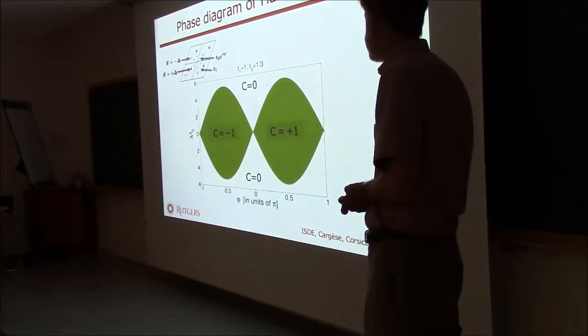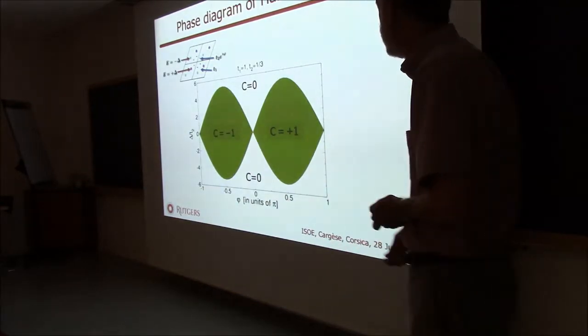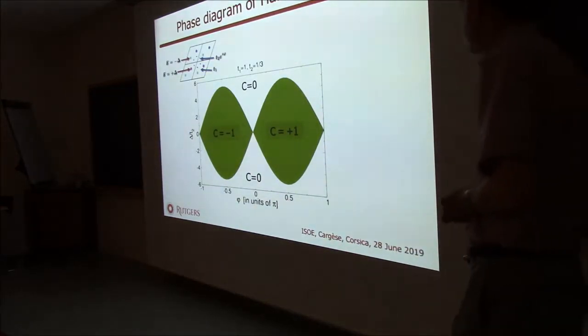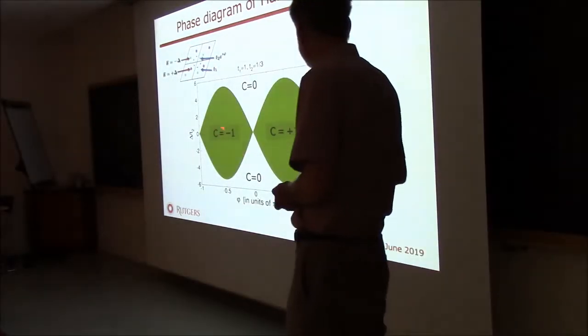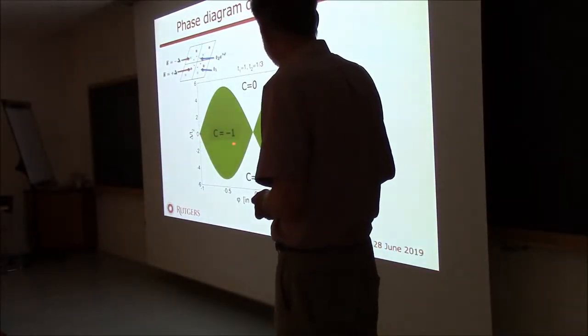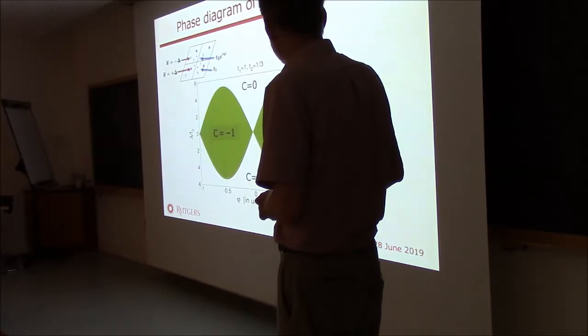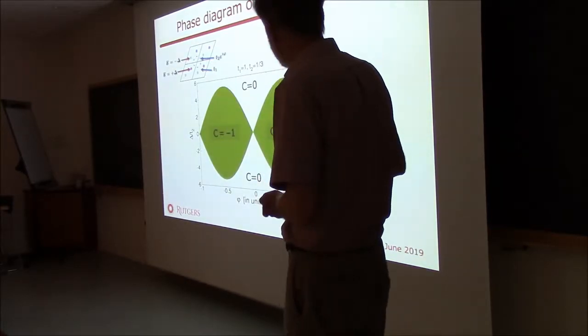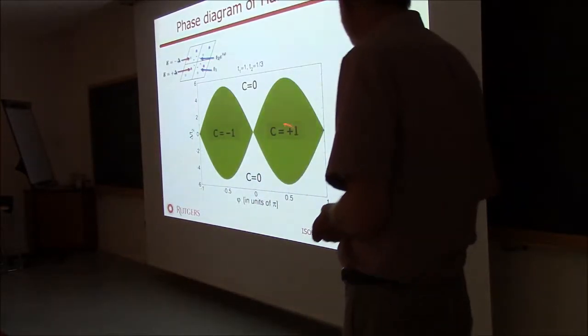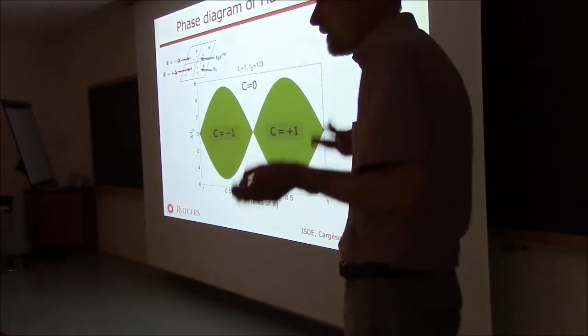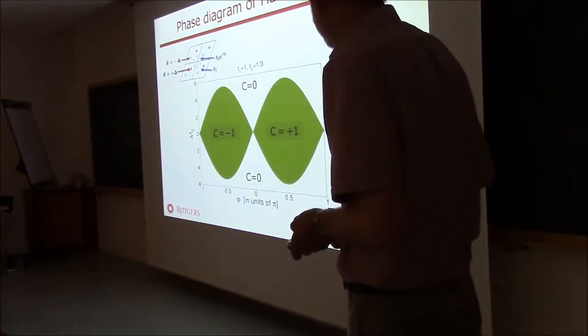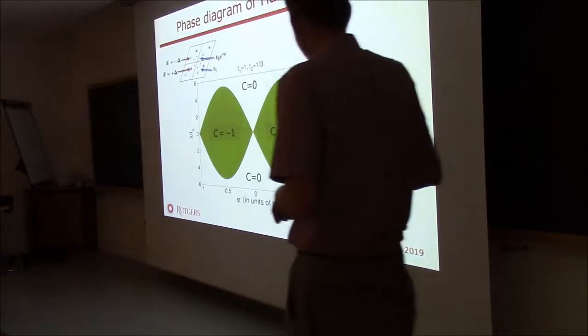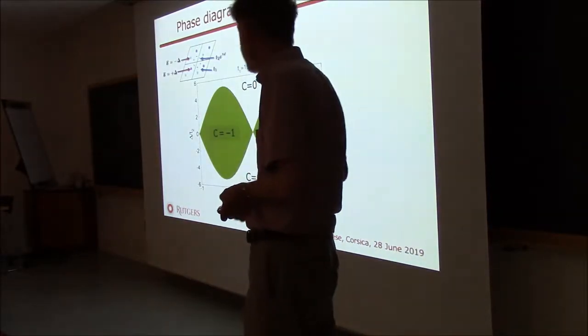Of course, there are also regions of the phase diagram where the Chern number is 0. It depends upon the relative values of the parameters. But basically, what he showed was that at least on pencil and paper, this model is so simple it can be solved analytically.